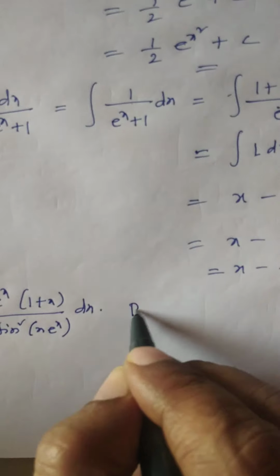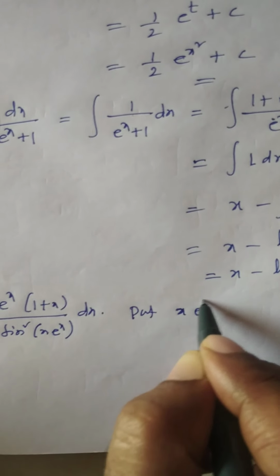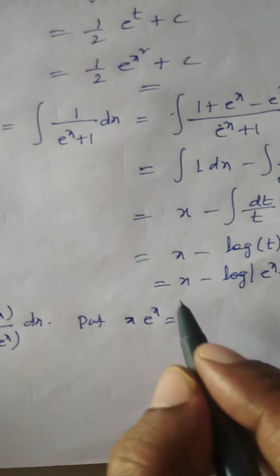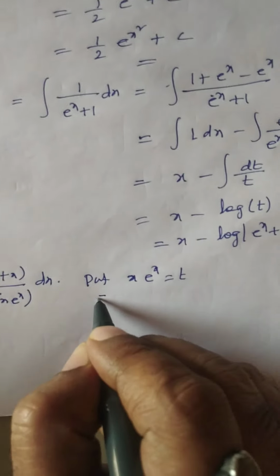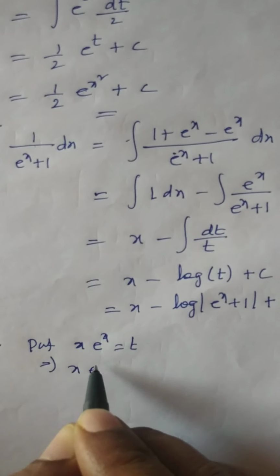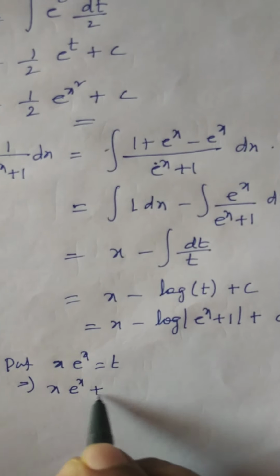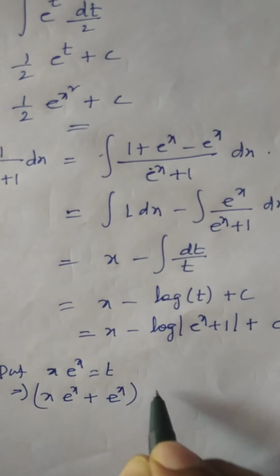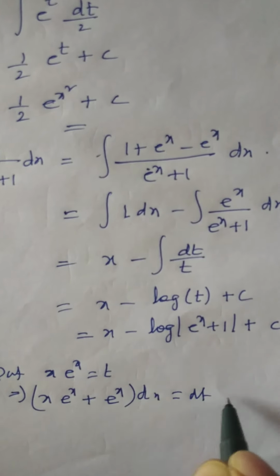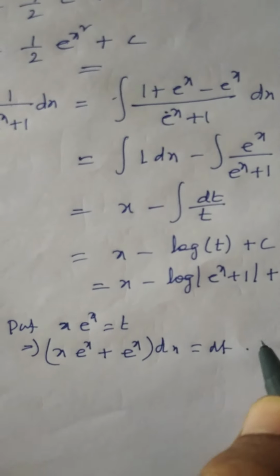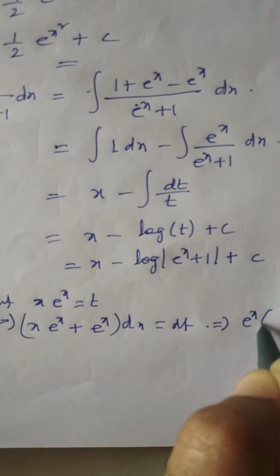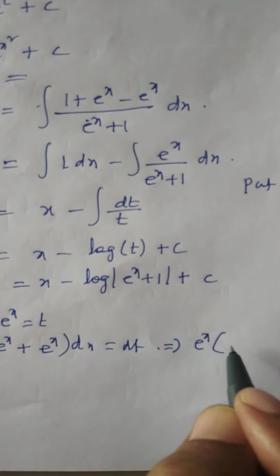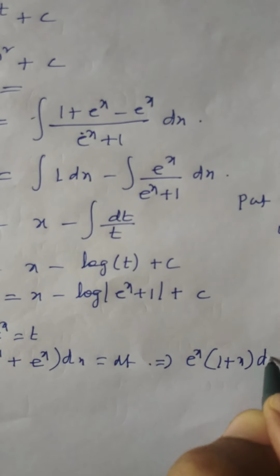So here put x into e power x equal to t. So what are you going to get? x, e power x derivative is e power x only. So e power x into 1 plus x dx is equal to dt, if e power x is taken common.